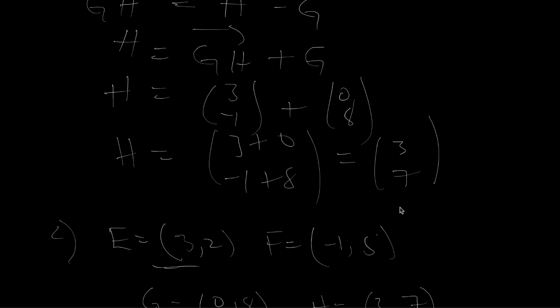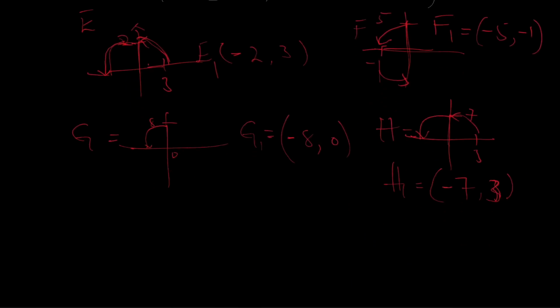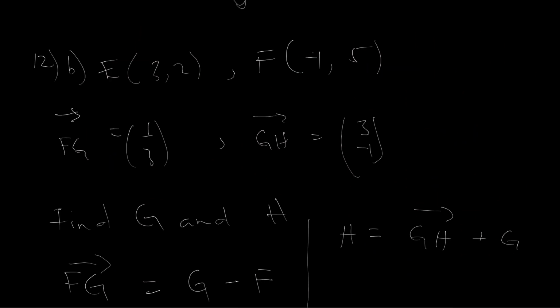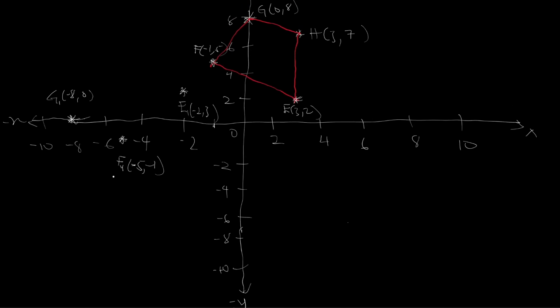And our H1 should be (-7, 3). Negative 7 should be here, and 3 should be here.